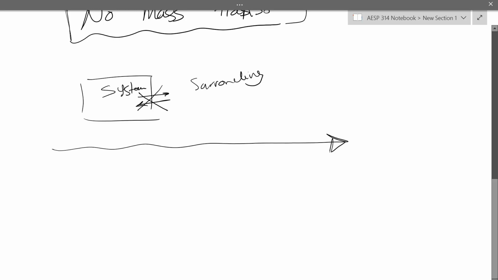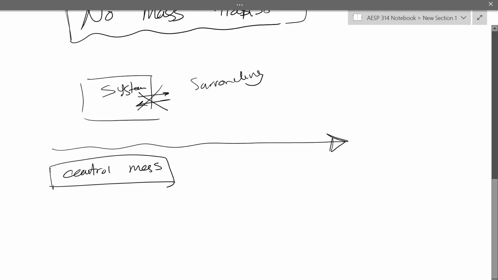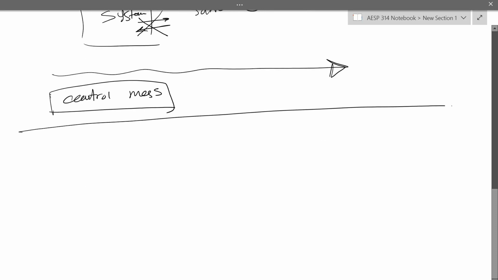We also call the system a control mass, meaning that its mass is a control value. We have absolute control over the mass of the system. And this is in direct contradiction with open systems.